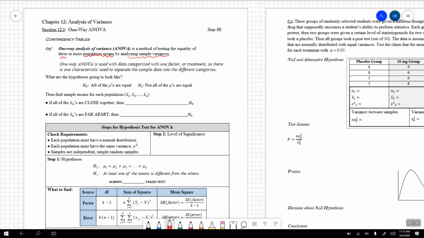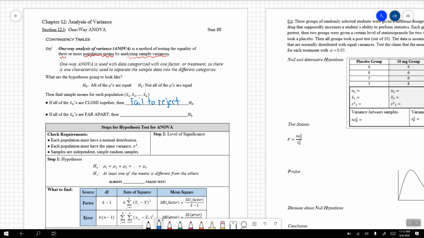So, if all of the sample means are close together, then the null hypothesis is still holding, which means we're going to fail to reject the null hypothesis. And again, fail to reject means that we're not accepting it, but we're not rejecting it at this time. There's still some data that says this could possibly be true, we just don't have enough data to reject it.